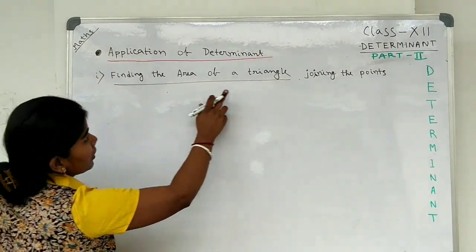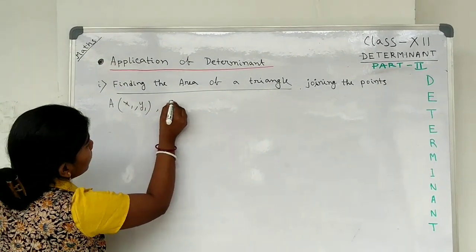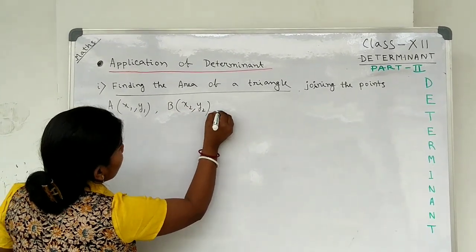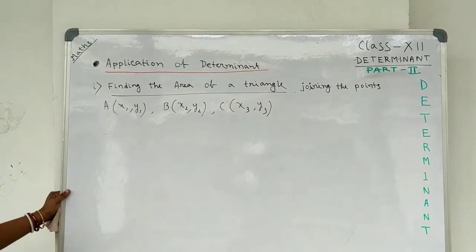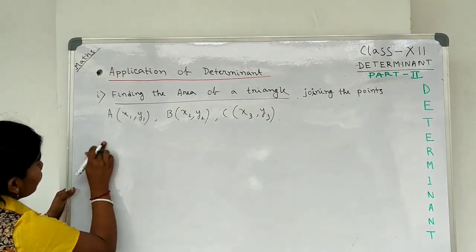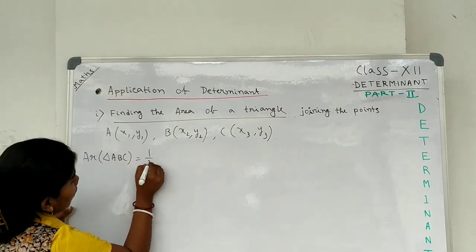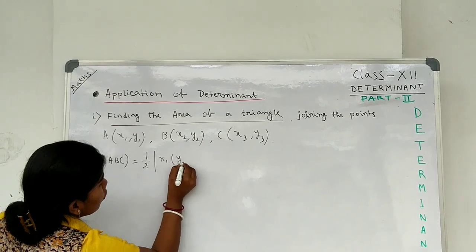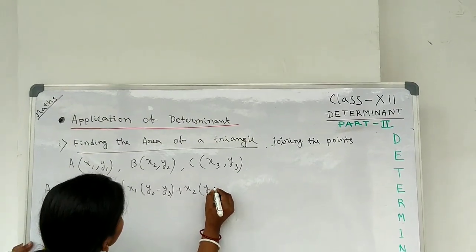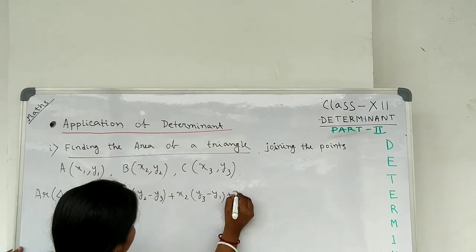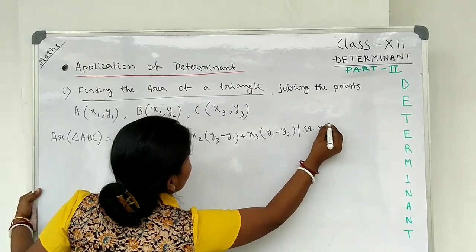To find the area of the triangle joining the points A (x1, y1), B (x2, y2) and C (x3, y3), all of you know that the area of the triangle joining these 3 points is equal to half into modulus of x1 into (y2 minus y3) plus x2 into (y3 minus y1) plus x3 into (y1 minus y2) square units.